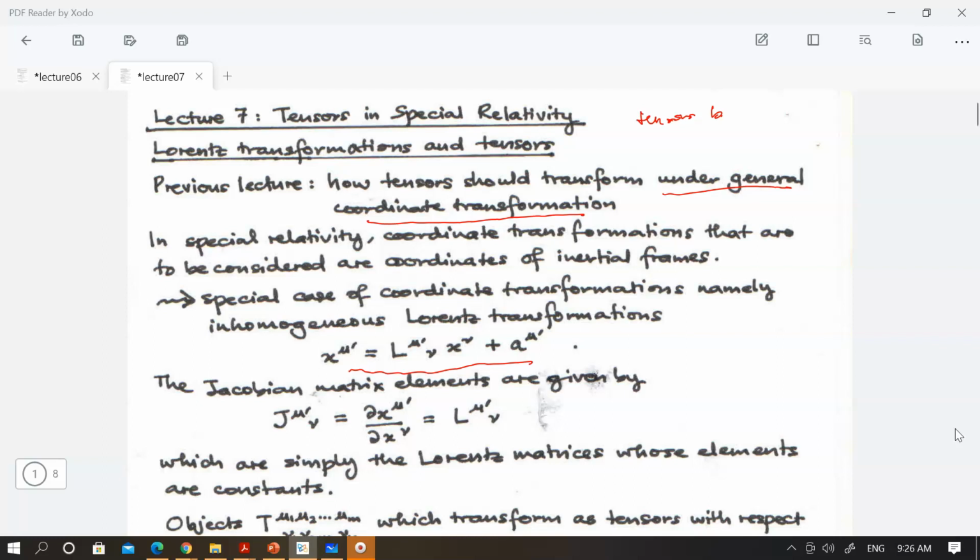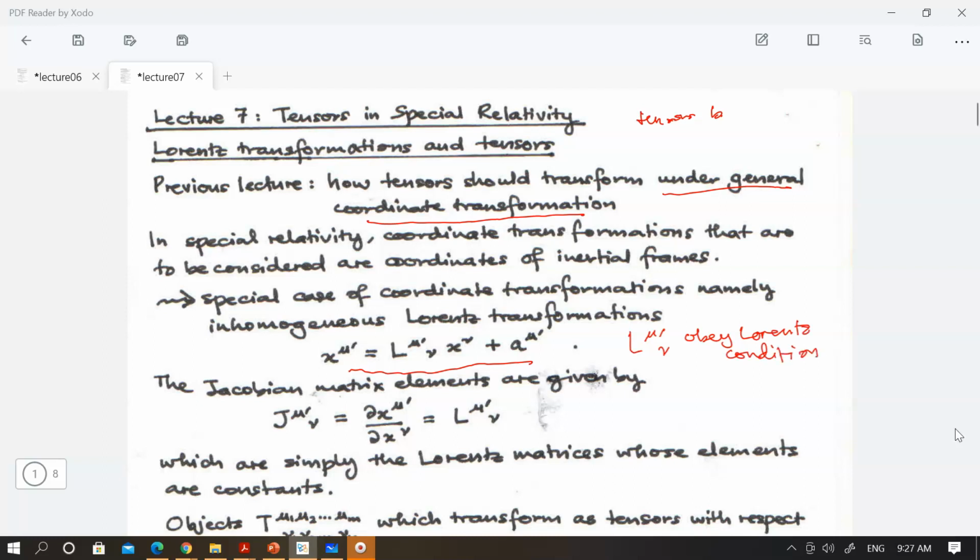But in this part, your L mu dash nu is a special kind of matrix called the Lorentz transformation. Your L mu dash nu obeys the Lorentz condition.